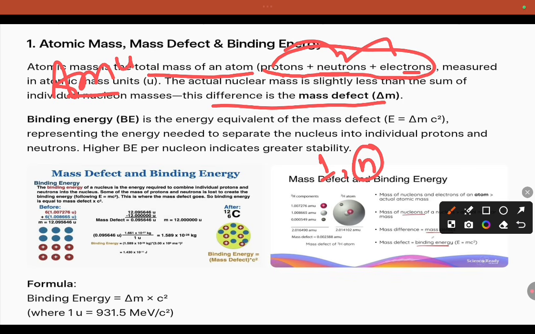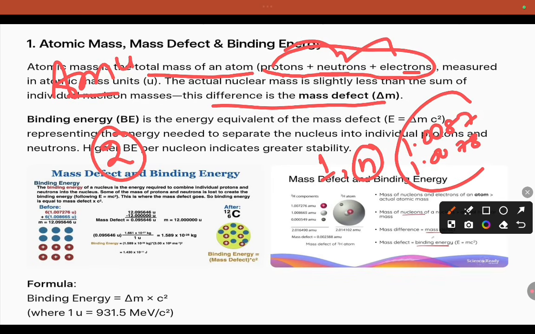Based on that, we will consider the mass of neutron as approximately 1.0087 and the mass of proton as 1.0078. So the mass of hydrogen, if I take 2, then this value is more than 2.